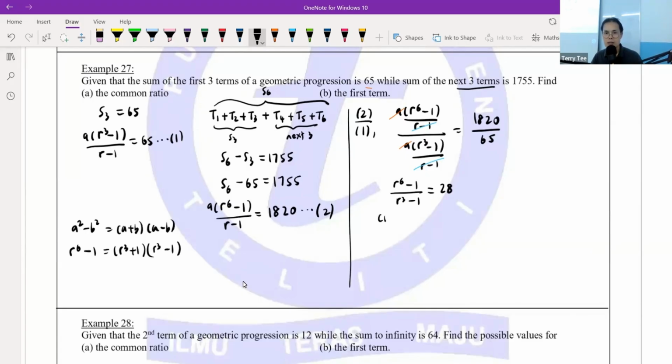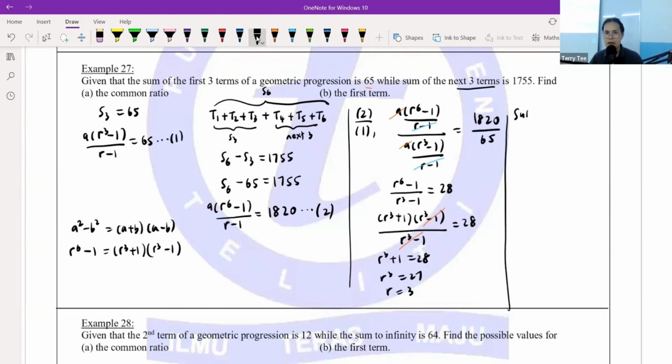This is the technique you need to know. One is a plus, another is a minus, divide by r cubed minus 1, the result is 28. As we can cancel them, your r cubed plus 1 equals 28. Your r cubed is 27, cube root of 27, r is 3.